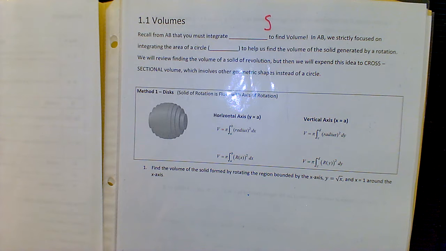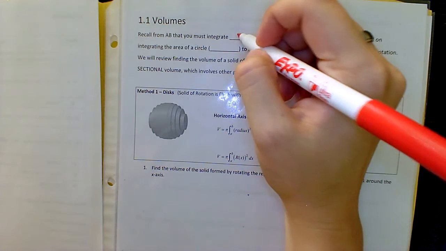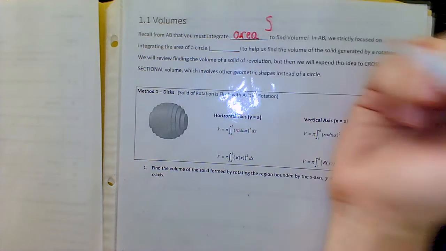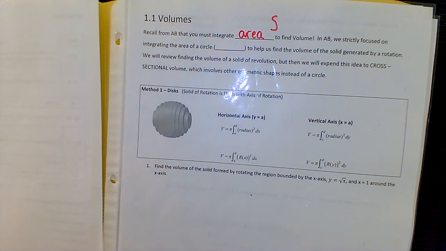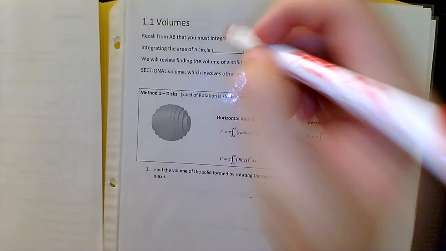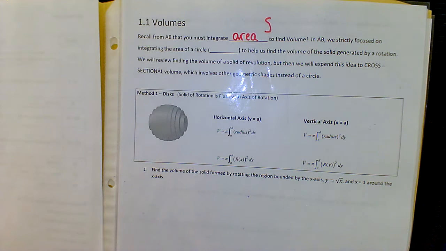But what if we're talking graphically? Antiderivative in terms of a graph represents the area under the curve. We have to integrate area to find volume. More specifically, we focused on the area of a circle. Do we remember the area for a circle?